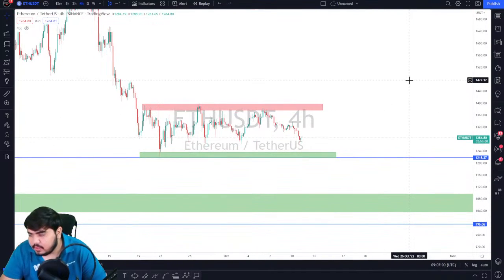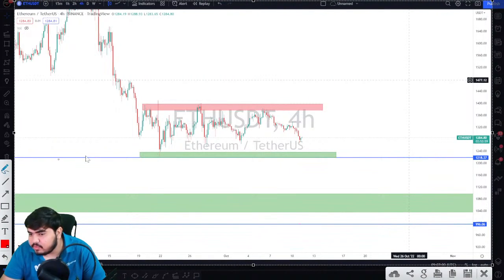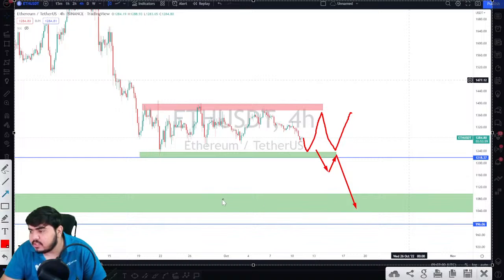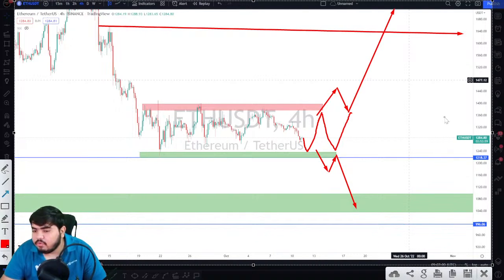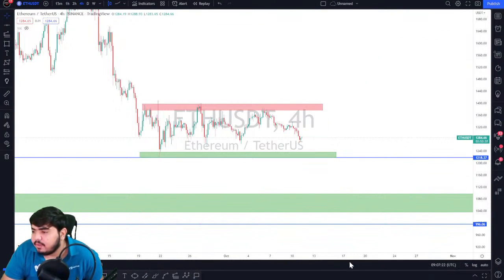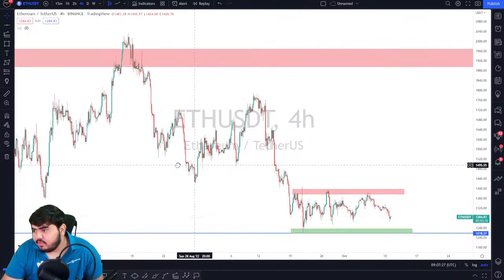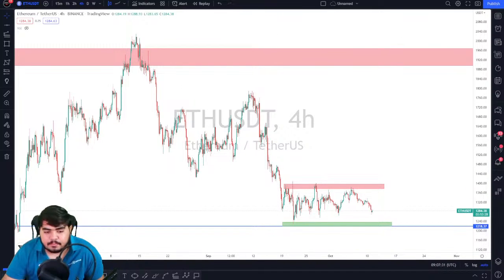That means if the market continues to move in this area, we can expect a sideways movement right here, something like this. But if we see a breakout below this support area, then we can see a continuation lower. On the other hand, a break above would act as a continuation toward the upside direction. So that's what we would be expecting on the Ethereum 4 hour time frame right now.